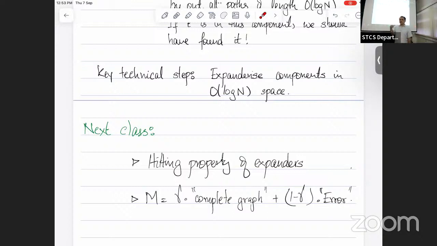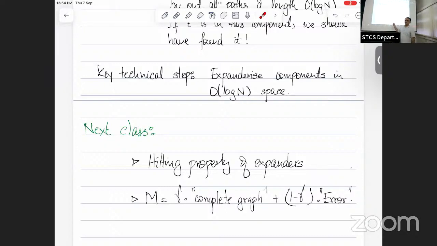And this perspective will be very useful because many times when you're dealing with expanders, you think this should hold. Why do you believe this should hold? It's because that holds in a complete graph. And this will let you say that, okay, you are gamma correct. There is a 1 minus gamma of this error that is sticking around, and hopefully those are error terms that you will take into account.